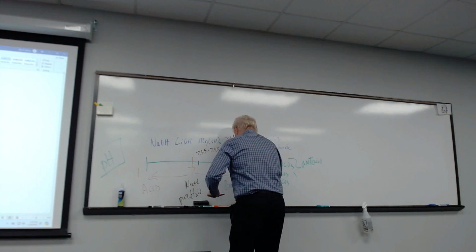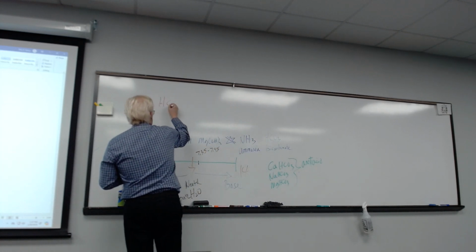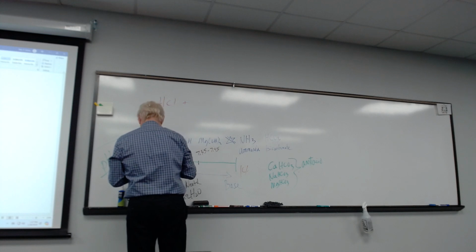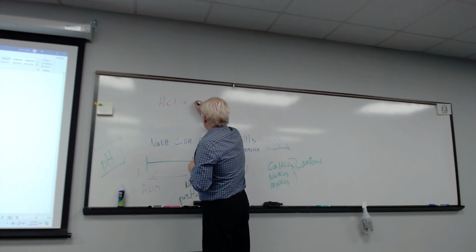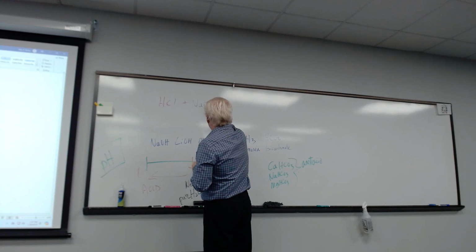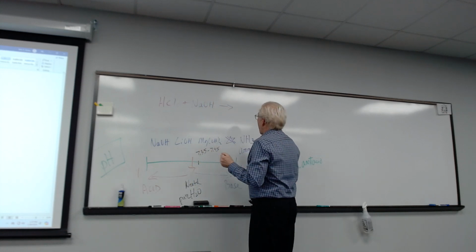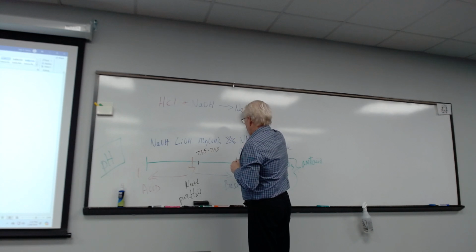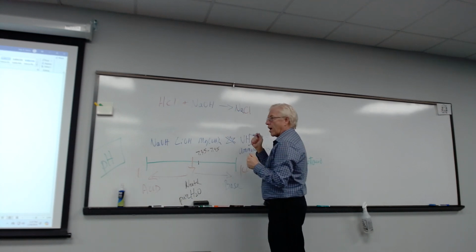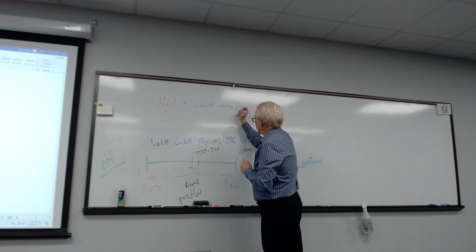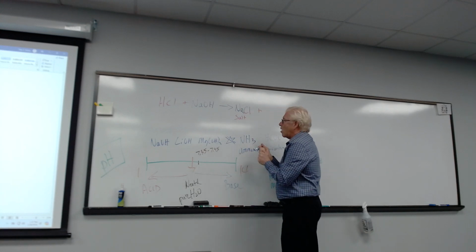what is neutralization. Well, if I have hydrochloric acid plus a base, sodium hydroxide, what am I going to make? I'm going to make sodium chloride, which we call salt, and what?